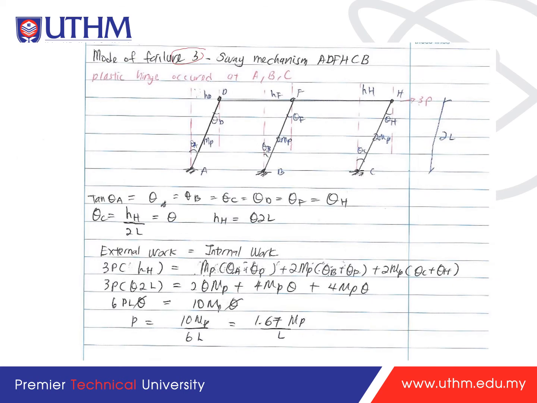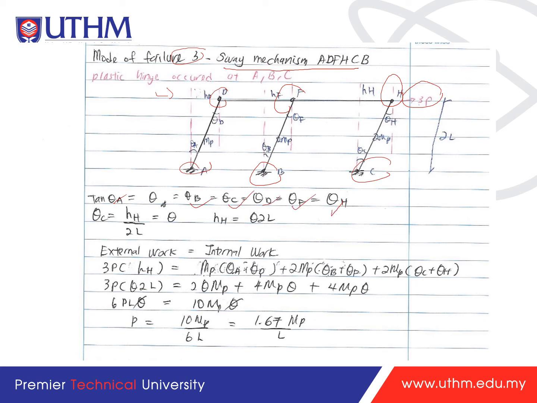Failure 3 is caused by the sway mechanism of A, D, half, hash, C, P. So when 3P is applied, it will cause the beam to sway towards this direction. So the MP occurred will be here, A, D, F, B, hash, and C. So you have to obtain theta A, theta P, theta C, theta D, theta F, theta hash.